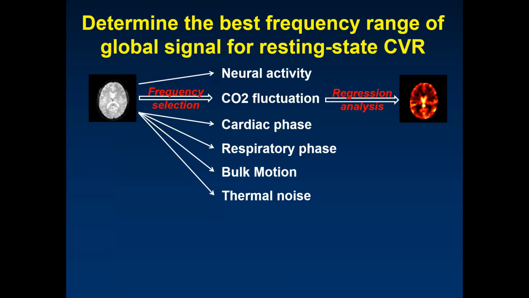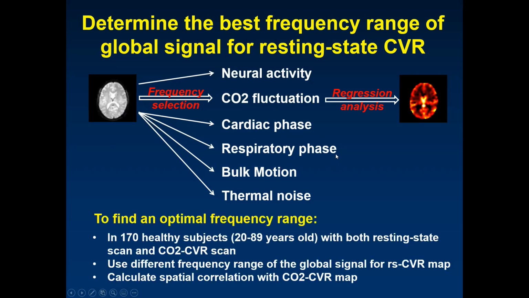So our idea is if we could find an optimal frequency range to filter the global BOLD signal, then we can use the filtered BOLD signal to do CVR mapping, because this filtered global signal will mainly be contributed by the CO2 fluctuation.